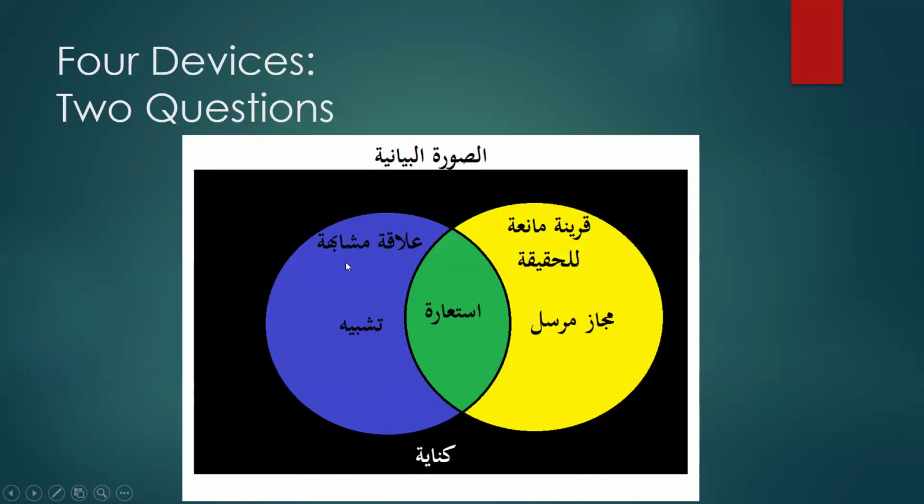In the case of a kinaya, the relationship is not mushabaha, rather it's istilzam, as opposed to luzum. And there's nothing that stops it from being a haqiqa at its lexical level.